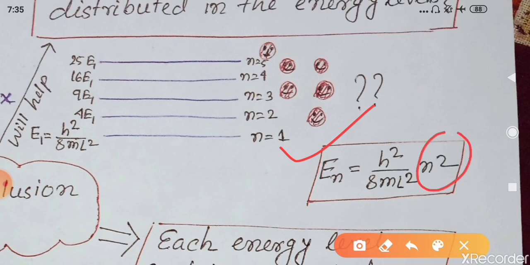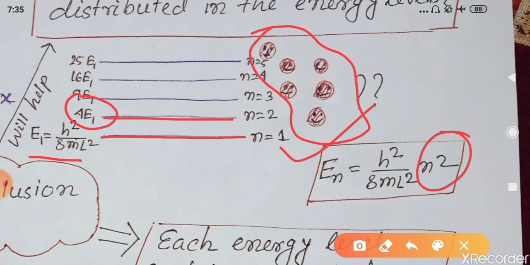If we substitute different values of n, for n is equal to 1, we will get the ground level energy E1 is equal to h square by 8m L square, and if we put n is equal to 2, we will get the second energy level, which is 4 times the ground energy level, and so on. So now our task is how these electrons will be distributed among these different allowed energy levels.